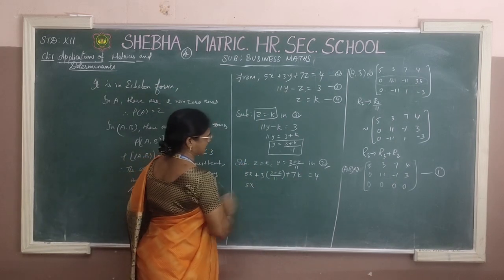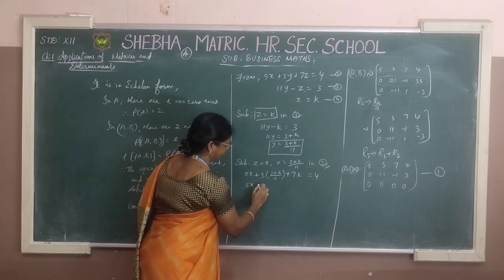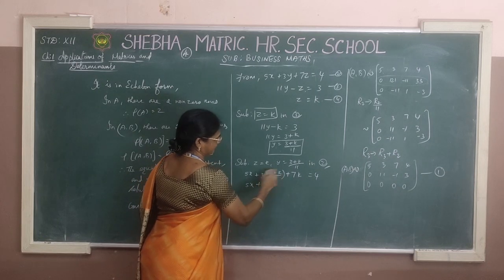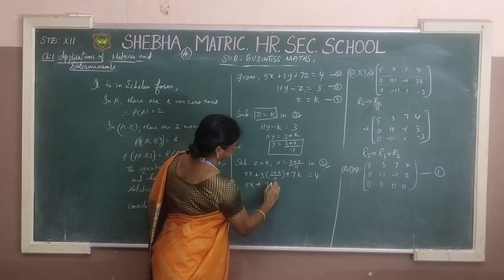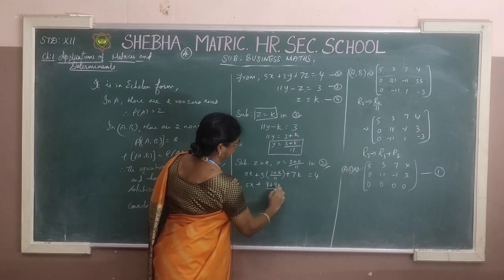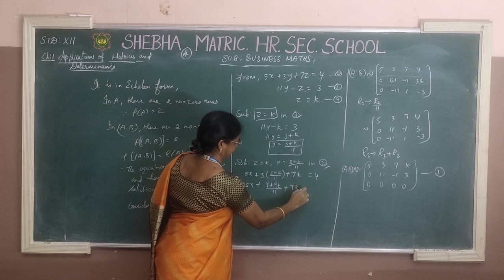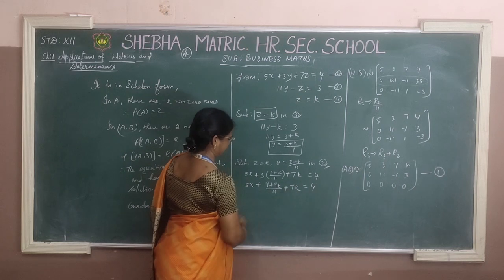So 5x, listen carefully, 5x plus, multiplying inside, we get 9 plus 9k divided by 11 plus 7k equal to 4.